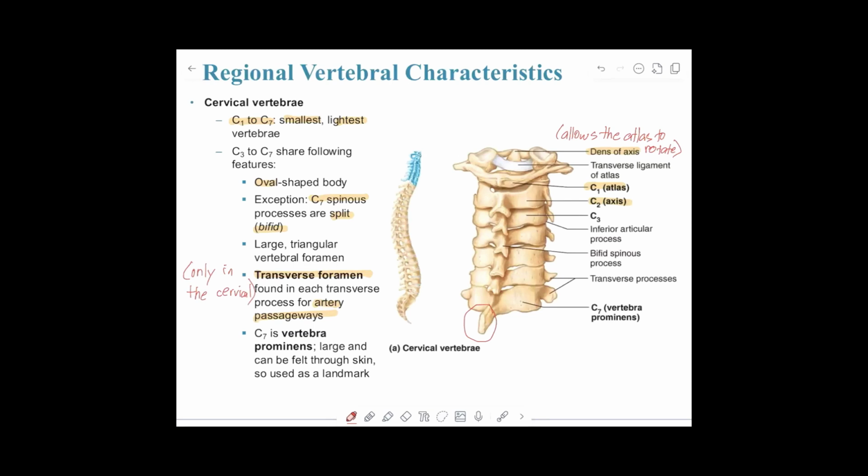So there's blood vessels that run parallel to the cervical region of your spine. And then finally, C7 has the vertebra prominens, which you actually could feel because it kind of protrudes more to a point than C6 above it.